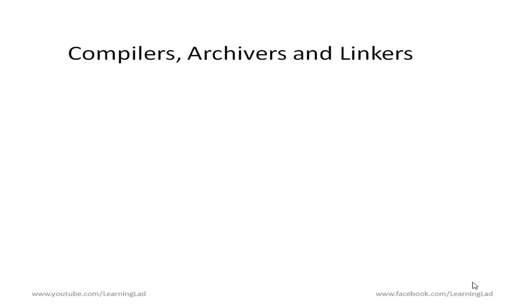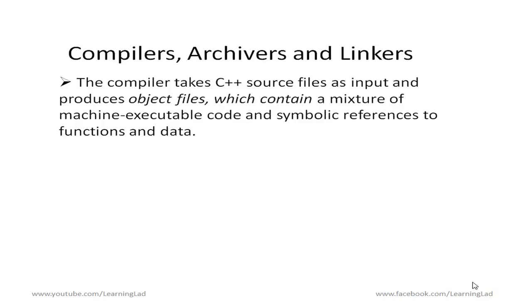Now we're gonna see the compilers, archivers, and the linkers in detail. The compiler takes a C++ source file as the input and produces object files which contain a mixture of machine executable code, the code in zeros and ones, and also some symbolic references to functions and data.